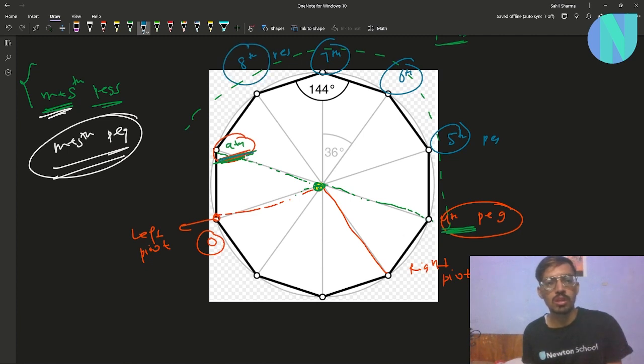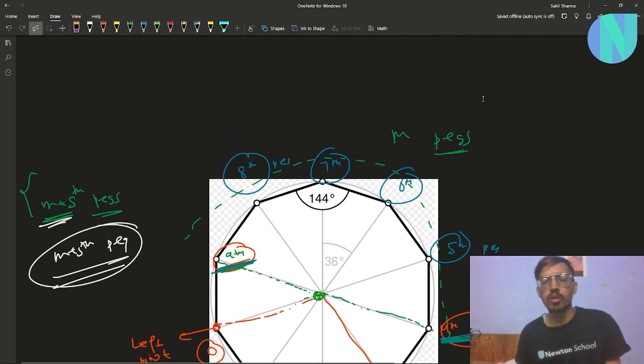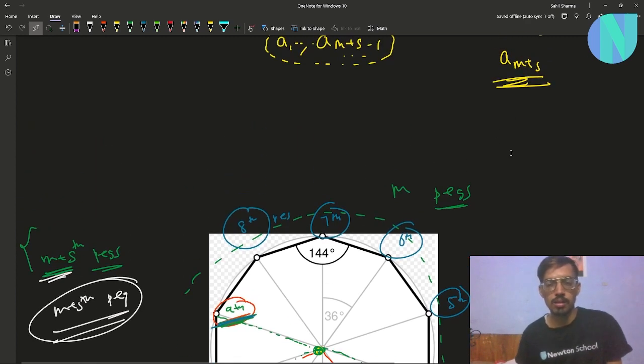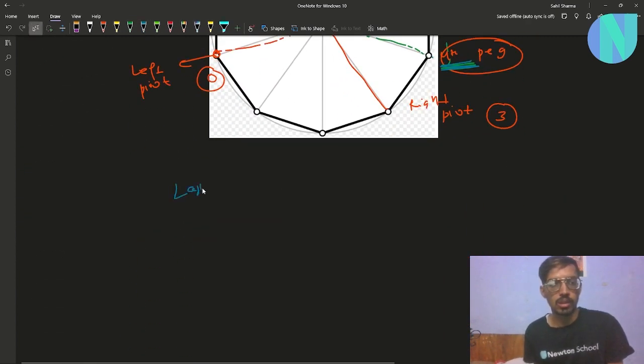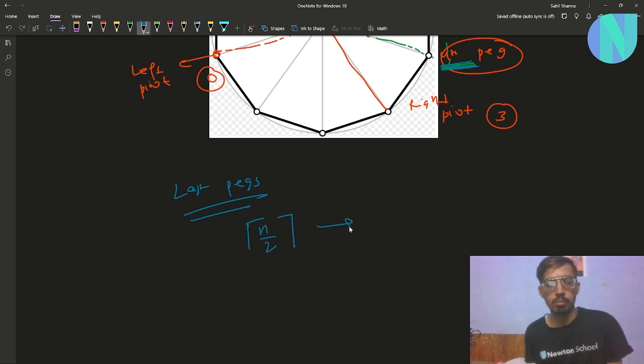But if you try to save the ninth peg or the fourth peg, you will not be able to do the complete moves, right? And if you do some casework or draw some examples, the range of last pegs will lie from n by 2 ceiling up to n by 2 plus x whole floor, right?